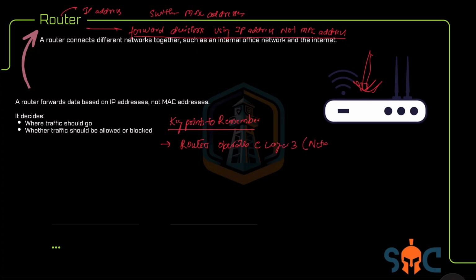What is layer 3? Layer 3 is the network layer of the OSI model. Second, routers separate broadcast domains.